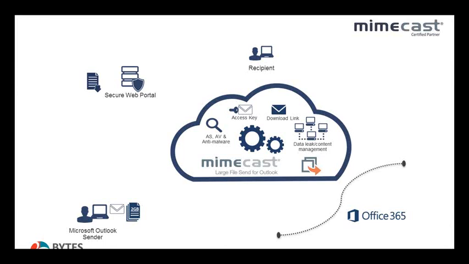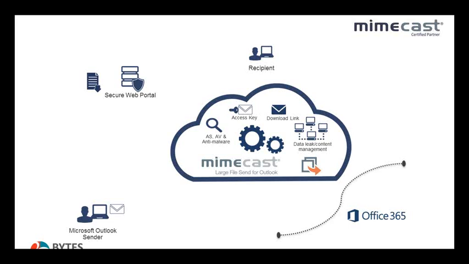Once the user clicks send, they'll be prompted, depending on the policy you set up, firstly for the duration that the attachment should remain available, and secondly, whether they want to be notified about the actual access or consumption of the content. When they click send, we will upload that attachment securely to Mimecast in the background.